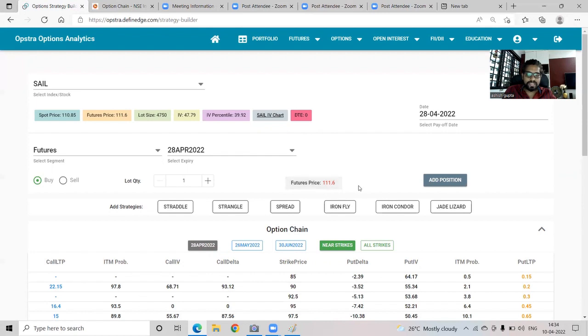So that's how you can trade call ratio. Again, like I said, you can do it on the put side as well when there's some bad news, the stock is moving down, and there's a good put side skew being developed. You can do the same ratio spreads on the put side as well.